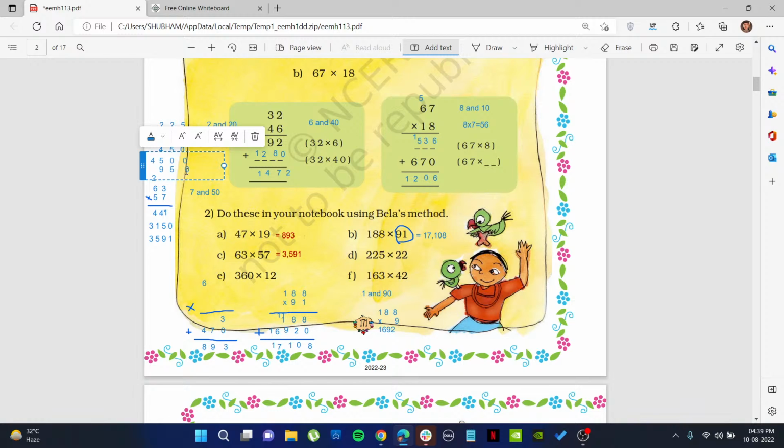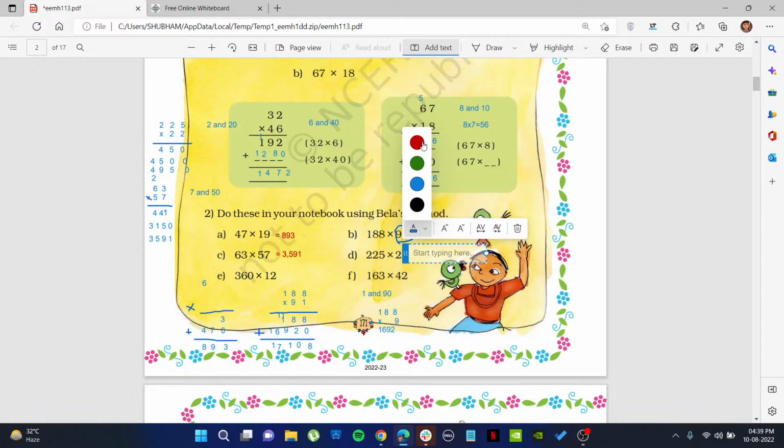And 4 add nothing gives us only 4. So our final answer is 4950. So let's write down just after D. 4950 is the final answer for question D.